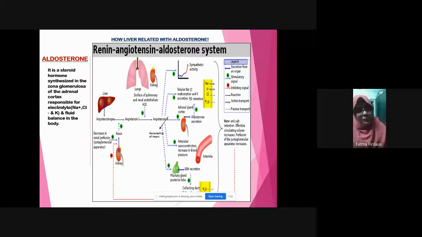Now the second group is statins, which act as angiotensin 2 receptor blockers. And the third is aldosterone antagonists, mainly known as spironolactone. They are also known as potassium-sparing diuretics. They block the action of aldosterone, inhibiting the reabsorption of sodium and water.